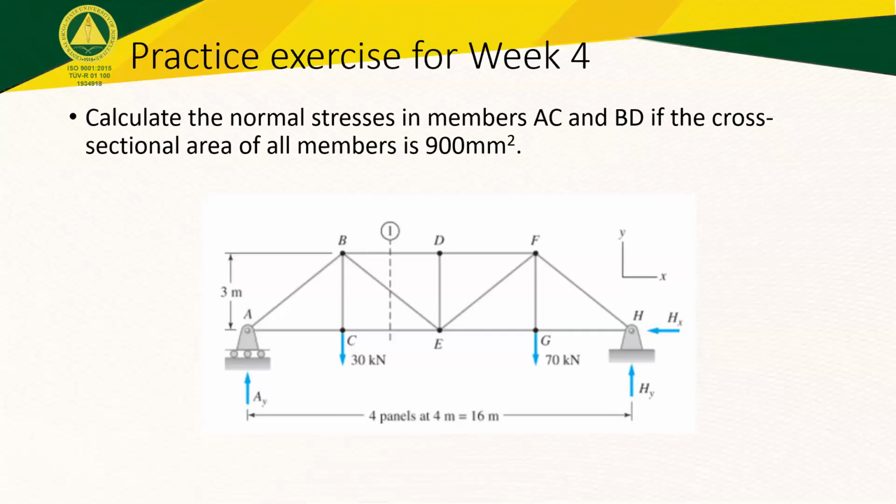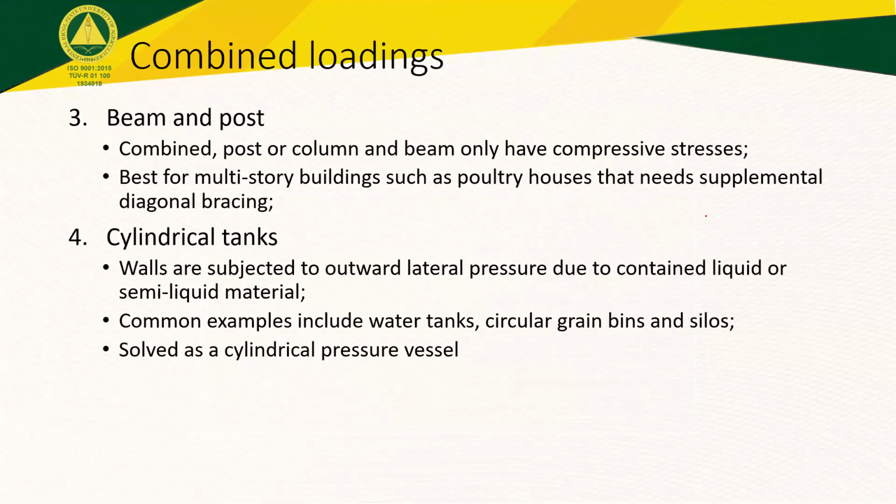All right, we're done with the solution of this structural problem that we just showed. And we now proceed with the other structures that are having combined loadings, and these are the beam and the post. When the beam and post are combined, we have the post or column, and it still would have compressive stresses.